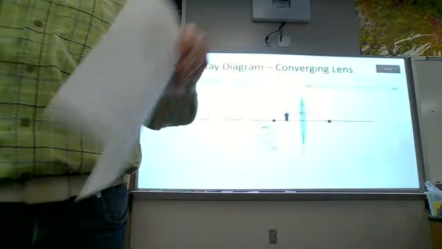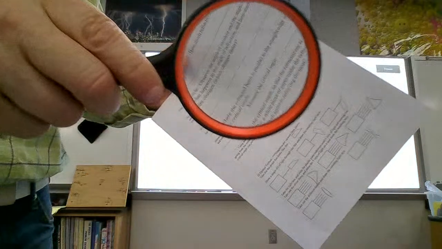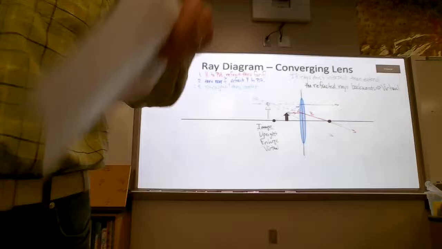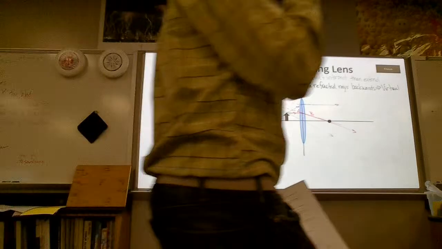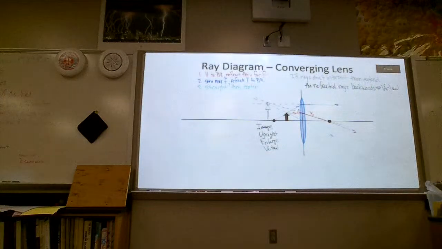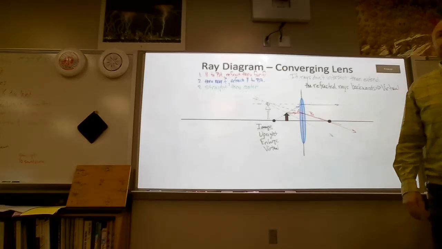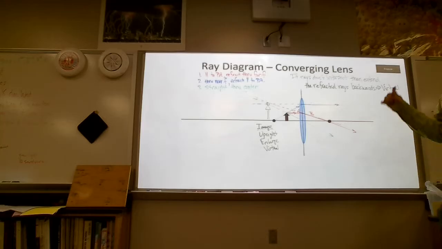The object we're looking at is closer than the focal point, and even though you can't project this onto a screen, your brain puts it together and puts it on your retina, because your eyeball is a converging lens. Good with that? Okay. Good?